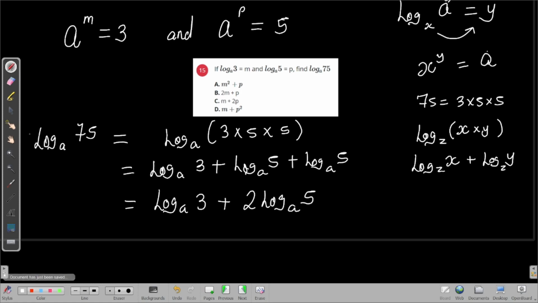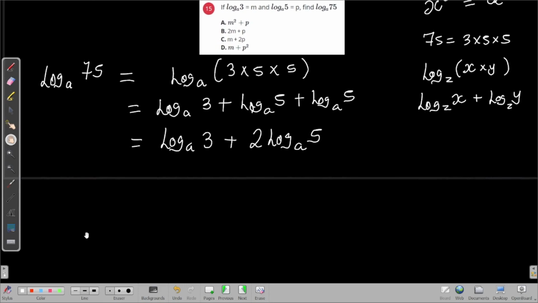So we already know what 3 is. We know that 3 is what? a raised to power m. So you can just substitute. So log a raised to power m in base a is equal to, plus 2 log a raised to power p in base a.